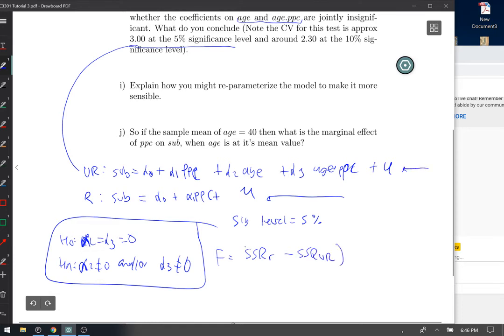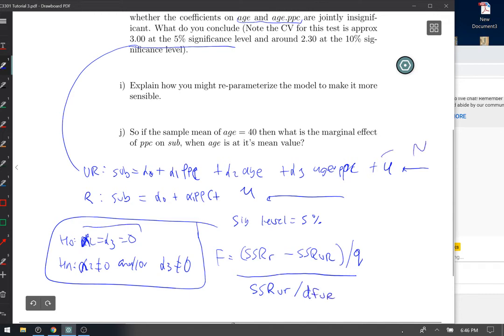Again, that's given in an earlier question, divided by Q, the number of restrictions under the null. Again, the restrictions could be anything. You could set them to 0 or 1 or 5, doesn't matter, but it's the number of restrictions that you've got. There are 2 restrictions here, divided by the sum of squared residuals in the unrestricted model, divided by the degrees of freedom in the unrestricted model.